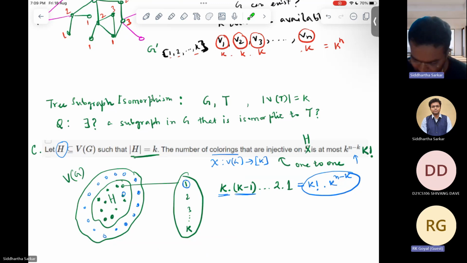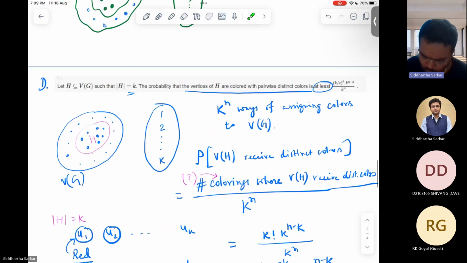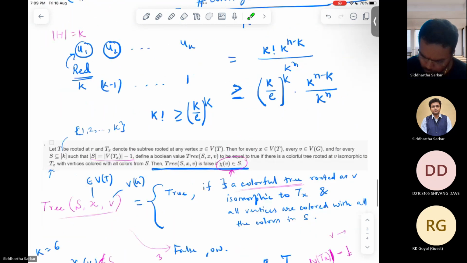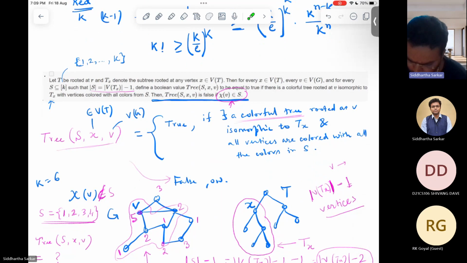So here there is a randomized algorithm which does a coloring based argument. So now we are looking at this question, which is independent of that problem.